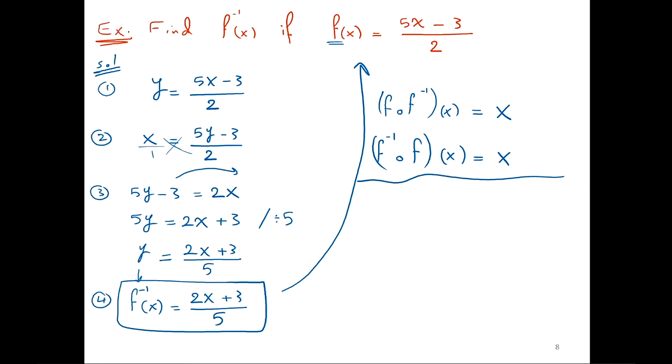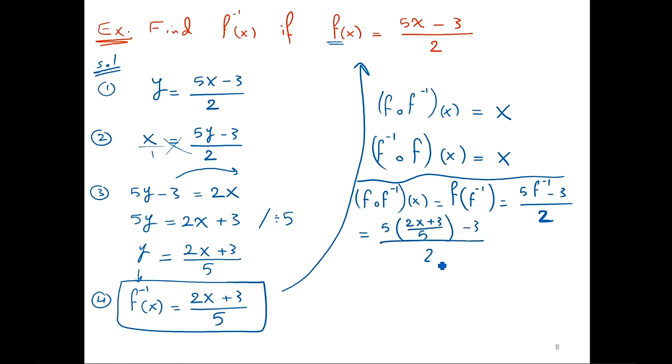For example, f composite f inverse. Look at this. What's the value of f of x? We need to substitute f inverse. So we have 5 times f inverse minus 3 over 2. So we have 5 times the value of f inverse, which equals 2x plus 3 over 5, minus 3 over 2.